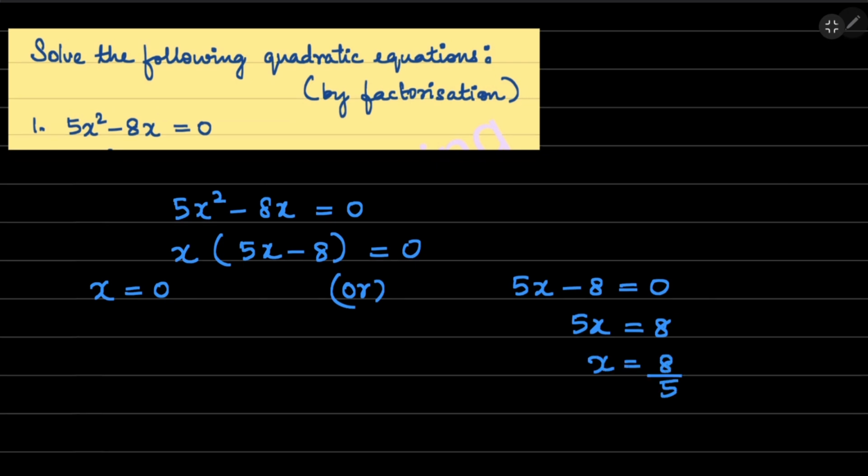In this quadratic equation, to solve means to find the value of x. Here you are getting two roots. Roots means the value of x which satisfies this equation. Therefore x is equal to 0 and 8 by 5 are the two roots of the given equation.